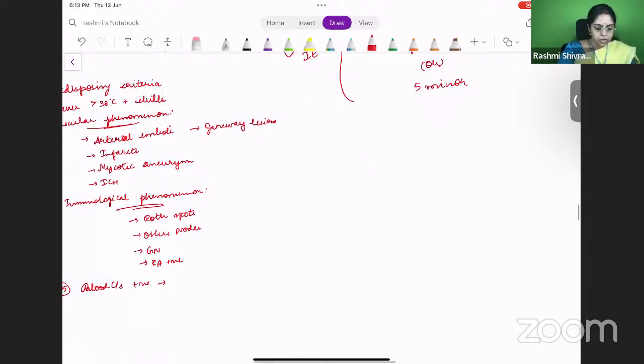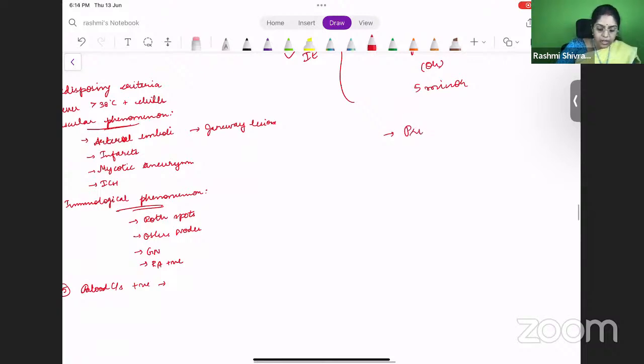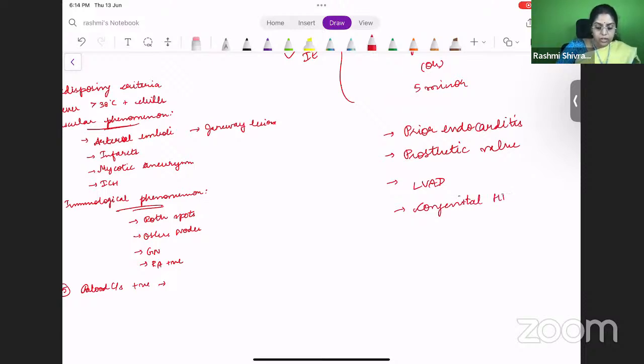In that case, we should remember if the patient has a prior endocarditis, or a prosthetic valve, or an LV assist device, or congenital heart disease, repaired or unrepaired, or a cardiac transplant, a post-cardiac transplant patient.